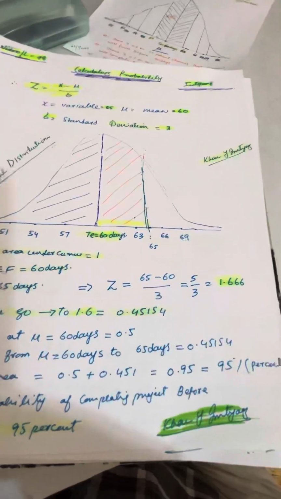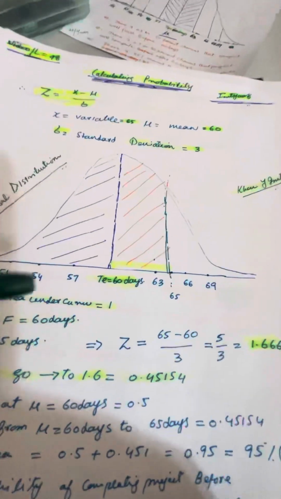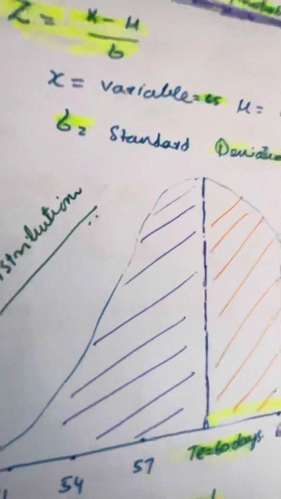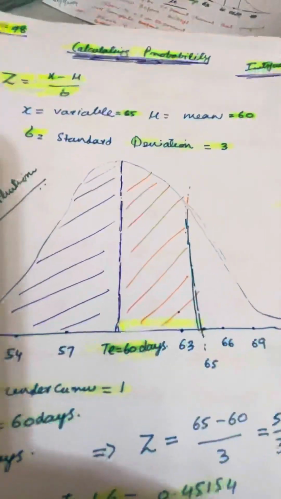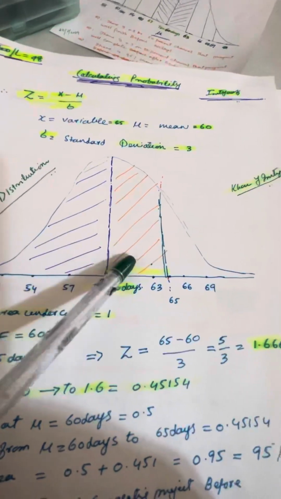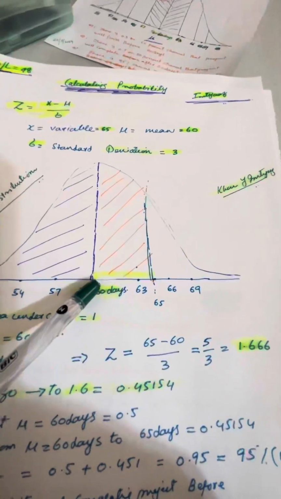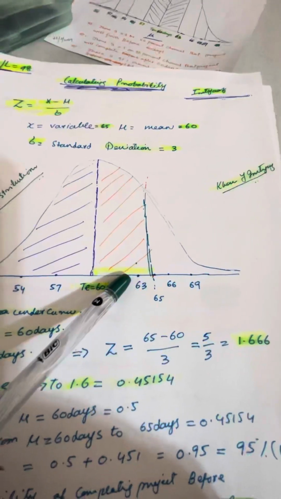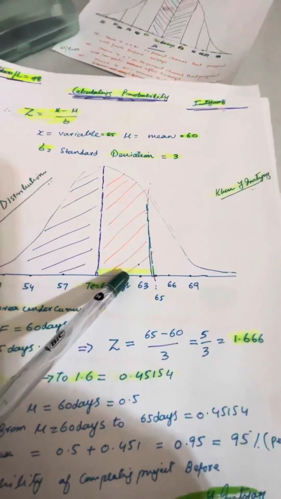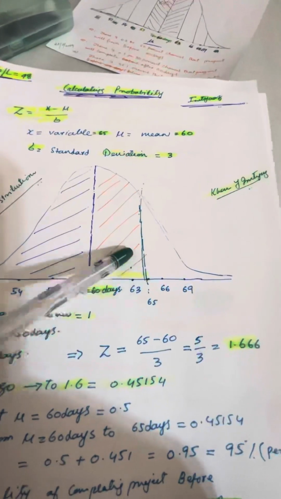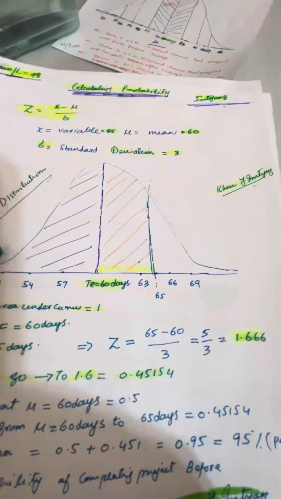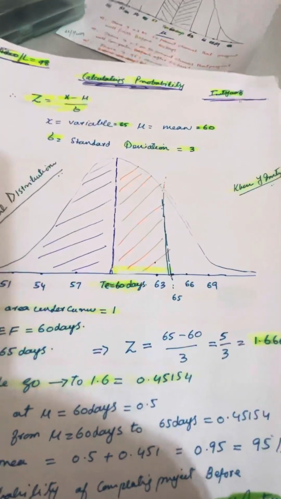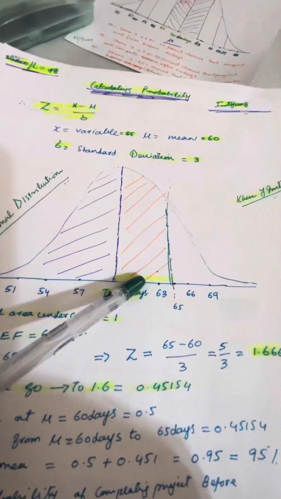You calculate the z, the area under the curve, how much percentage. So x is a variable. You can pick any x. Like if this is 60 days earliest finish, and you pick 61 here, you can calculate how much area there will be up to 61 days, when you are completing your project in 61 days.